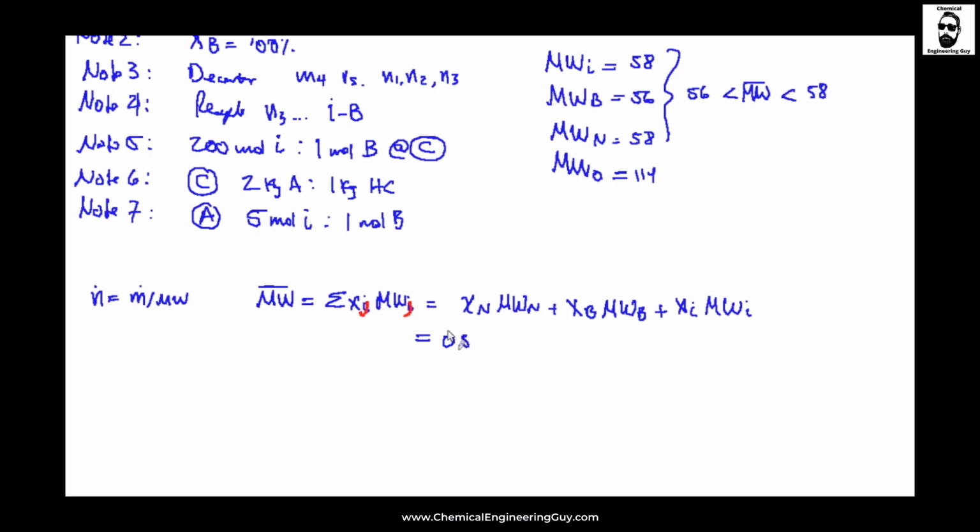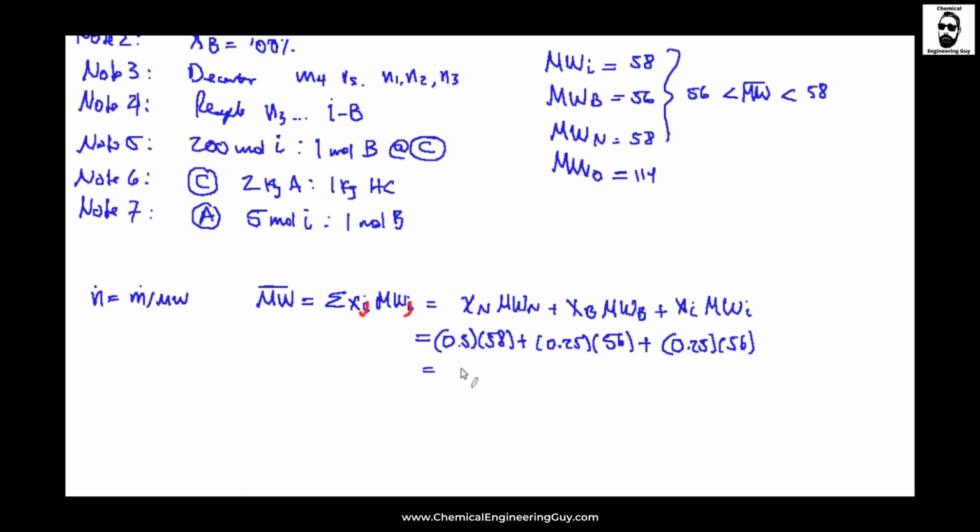So this is 0.5 times 58, plus 0.25 times the molecular weight, which is 56, plus 0.25 times 56.